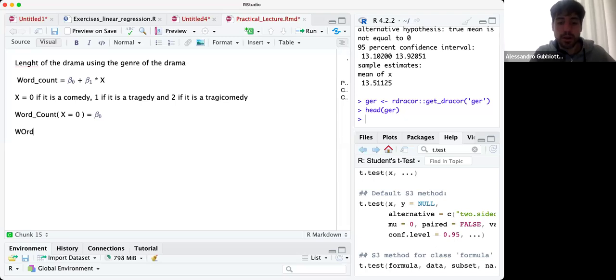Then the word count for a tragedy, which is x equal to 1, is beta 0 plus beta 1. And the word count for x equal to 2 is equal to beta 0 plus 2 beta 1.